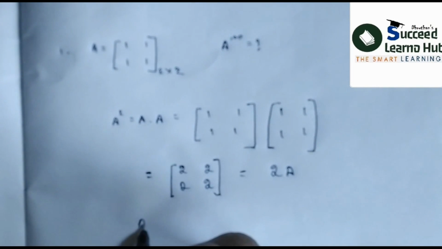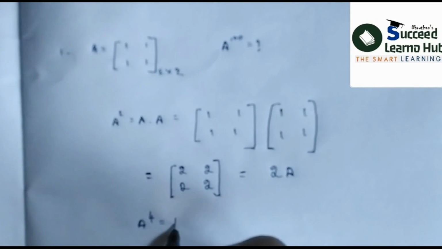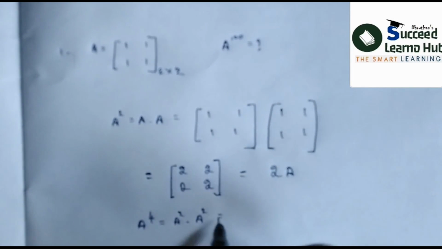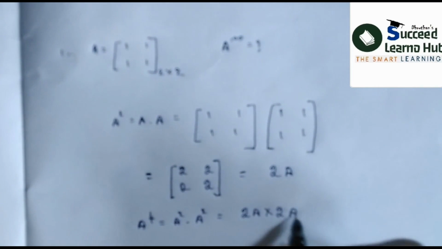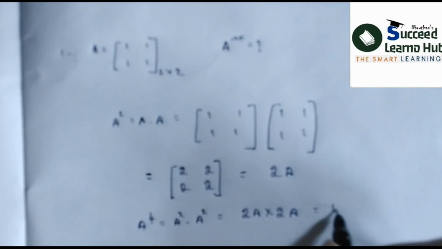Now, A to the power of 4 is equal to A square into A square, which is equal to 2A into 2A, which is 4 into A square. Again A square is equal to 2A, which comes out to be 8A.